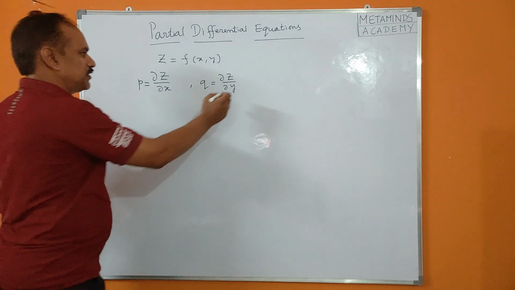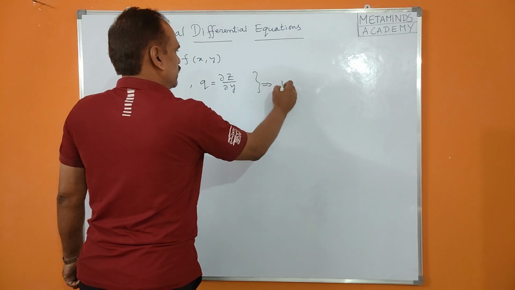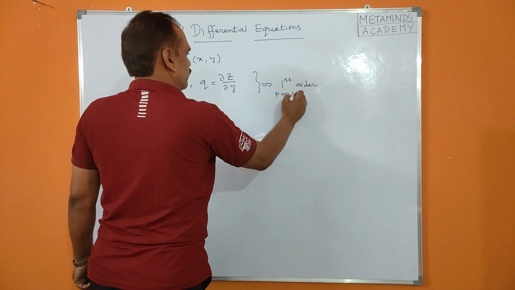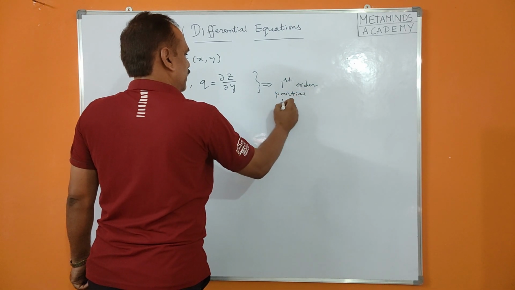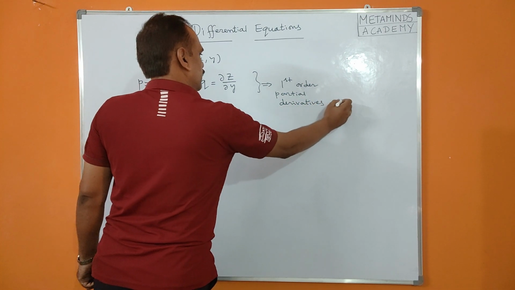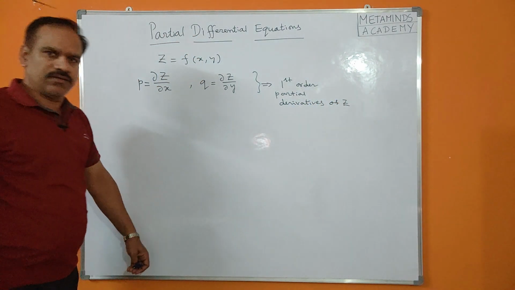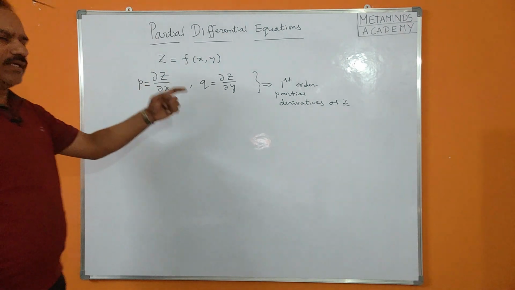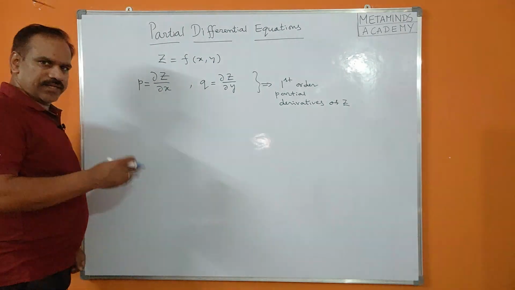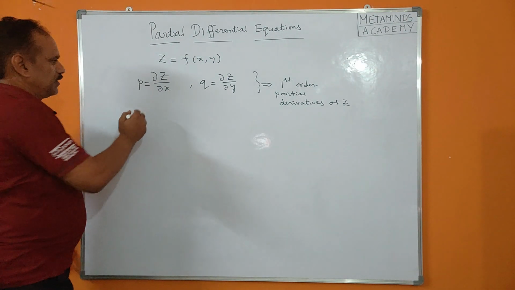So these two are called first order partial derivatives of z with respect to x and y. And you can also get second order or any other partial derivatives.